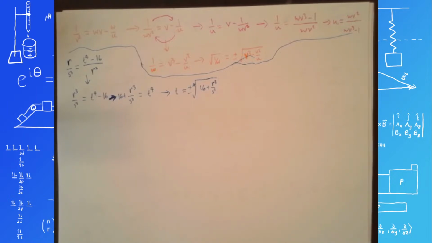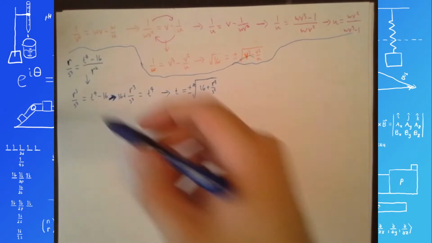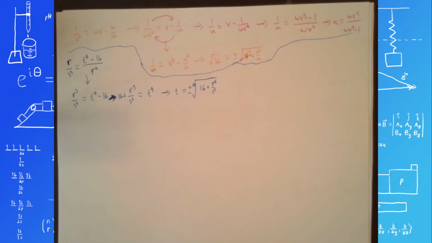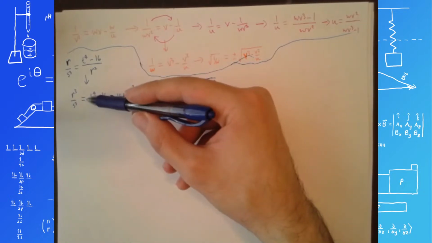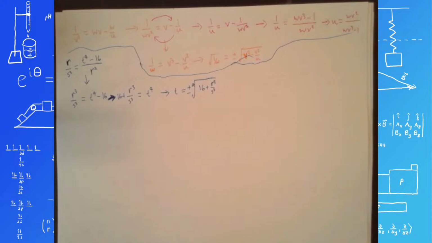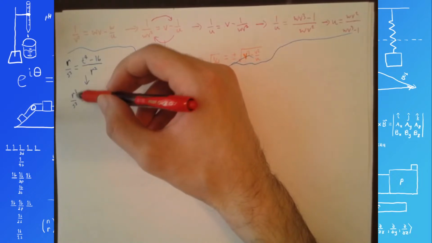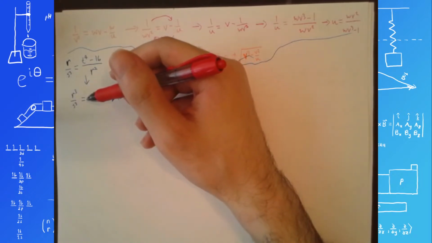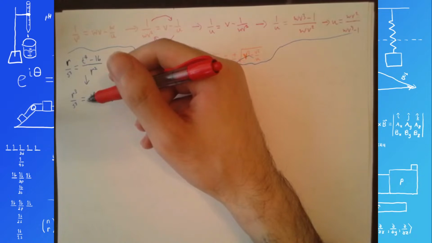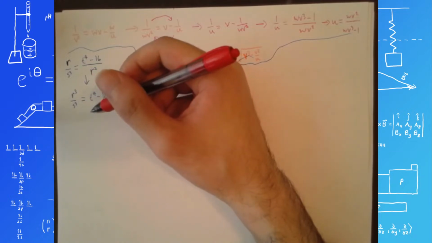And then solve for s over r. I could start from the very beginning, or I could start from one of these steps, if it happens to be convenient. And I think this over here might actually be the most convenient starting point, because I've got r cubed over s cubed, which I can cube root to get r over s, which I can then take the reciprocal of to get s over r.